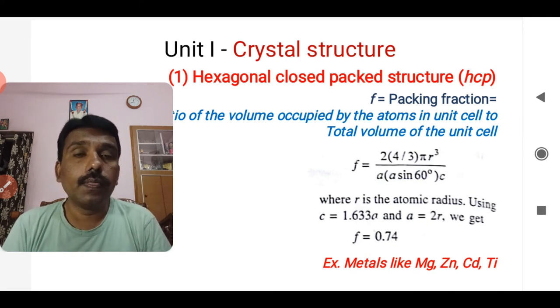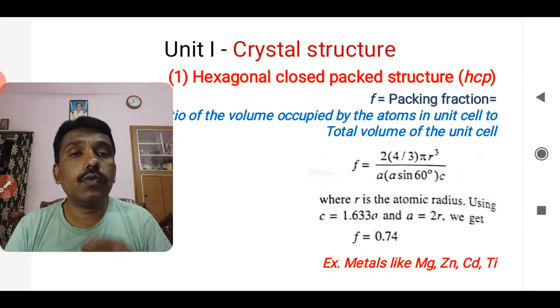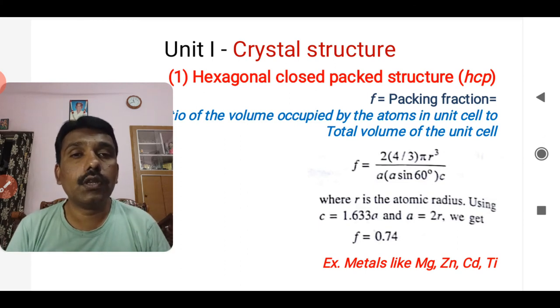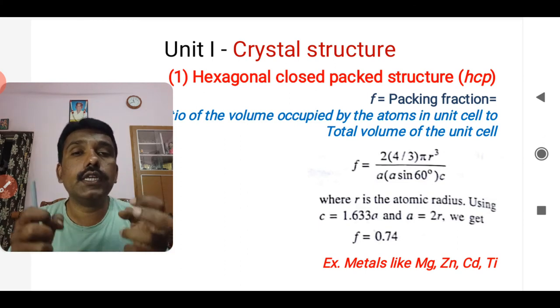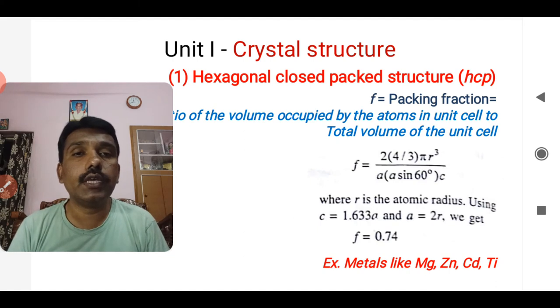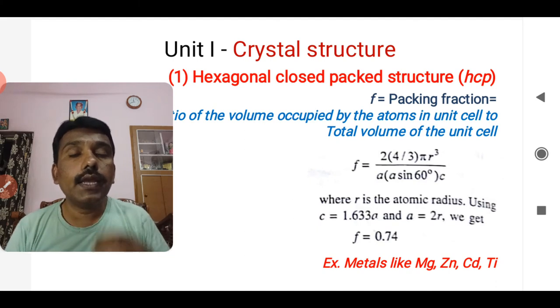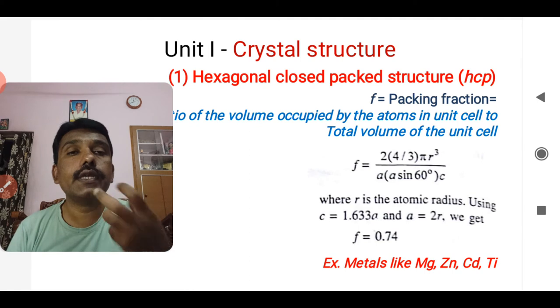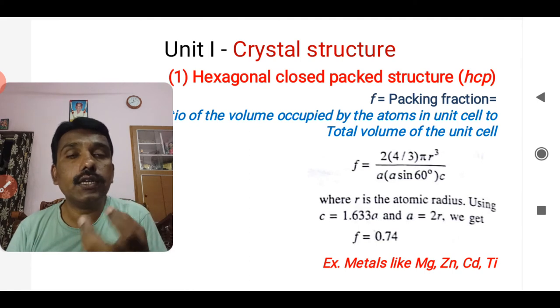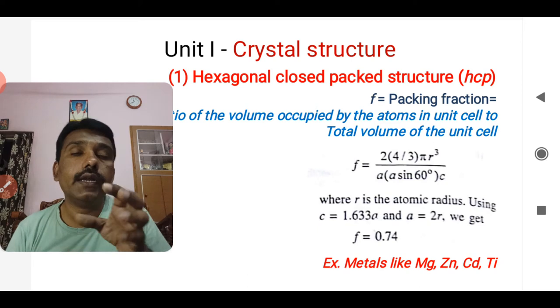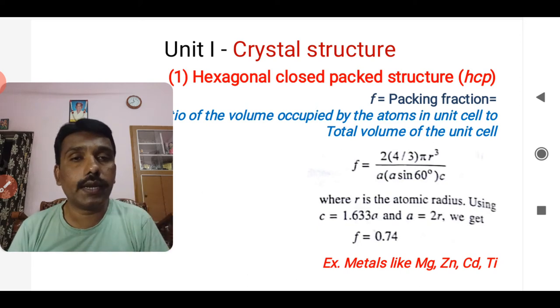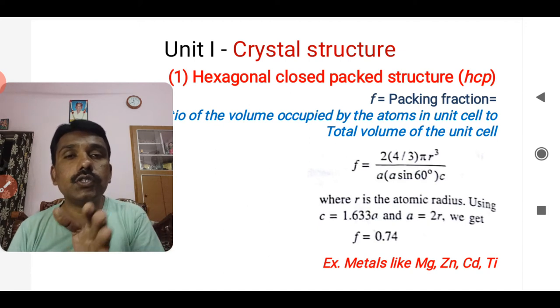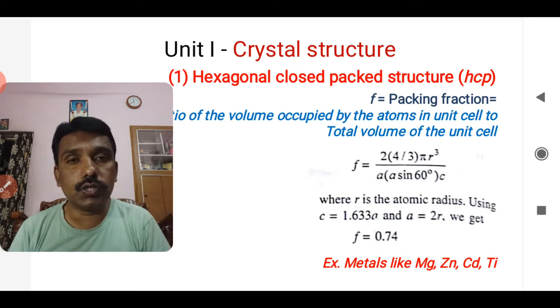How many atoms are there, how tightly packed they are in the unit cell, that gives you the packing fraction, and this value will decide which structures are close packed and which are loosely packed.